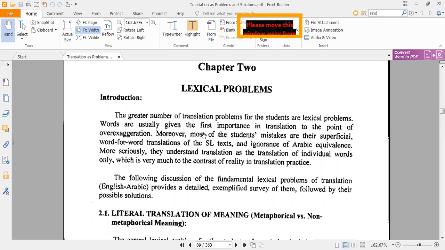This constitutes a problem in translation because the number of types of the conditional sentences in Arabic and English is different.